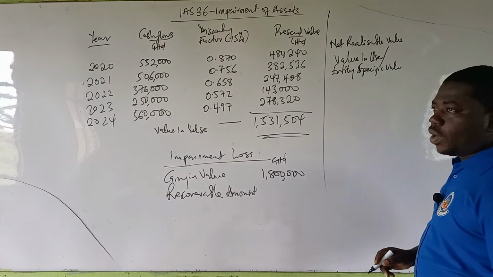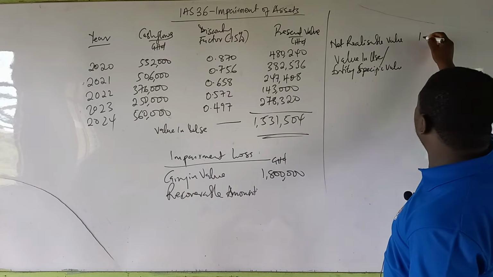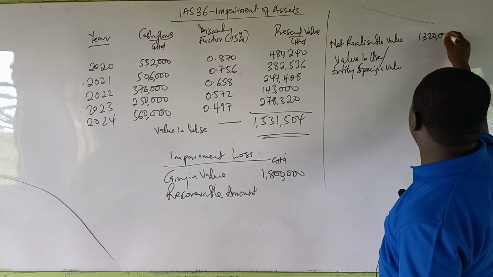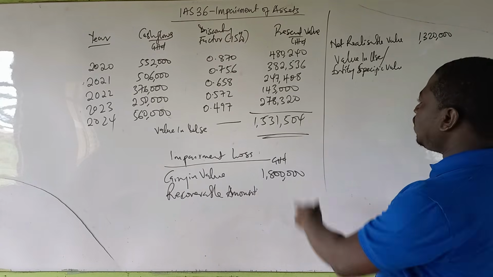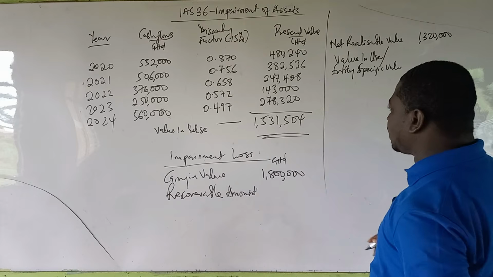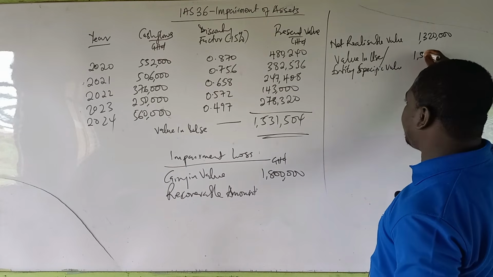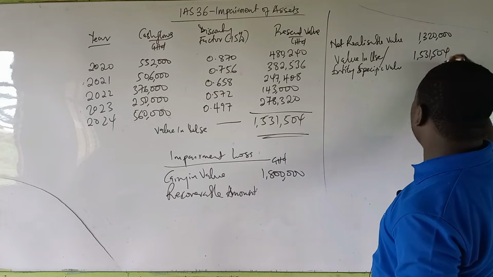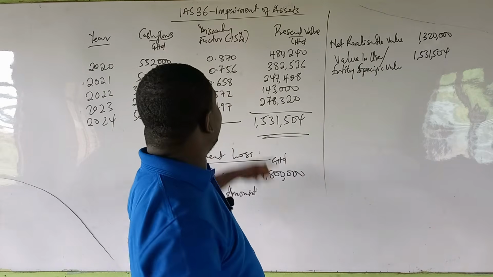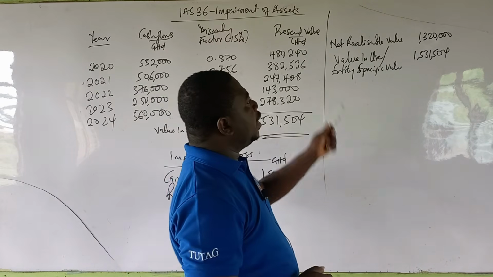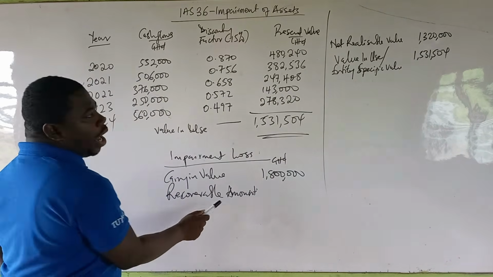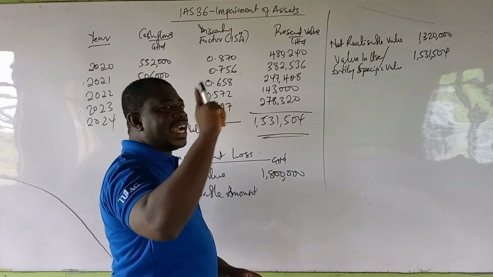Now, in the question, we are given the net realizable value to be 1,320,000. And then we just calculated the entity specific value to be 1,531,504.